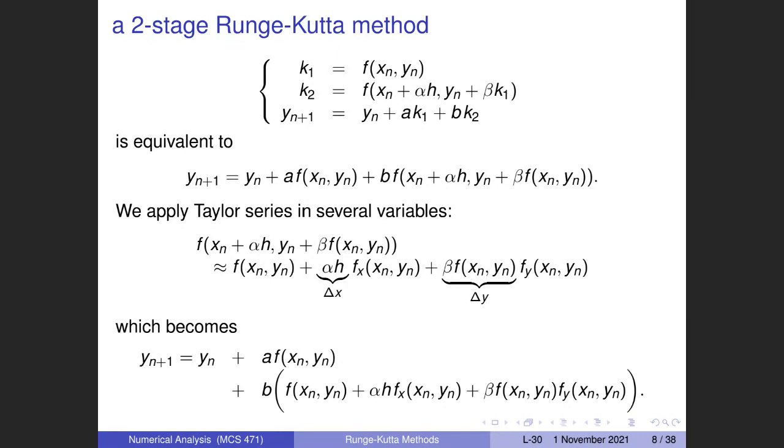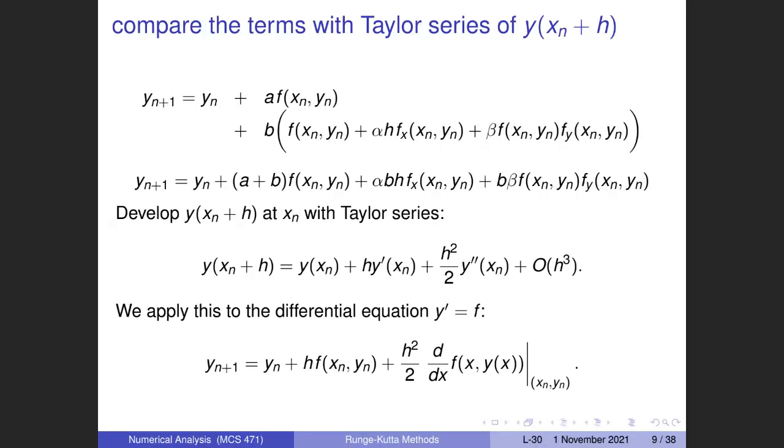This is a rewrite that is justified. All right, so let us now look at how we get the conditions. We compare the terms in the series.